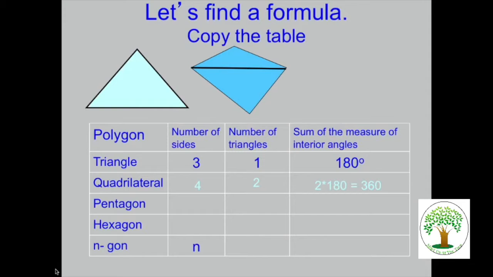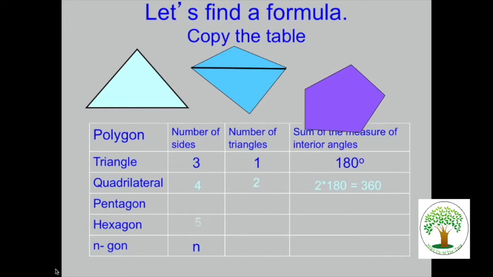Yes, because what we're going to try to do is, what if I had a 75-gon? What would they all add up to? What if I had not a hexagon, but an octagon? I don't want you to have to count, and I don't want you to have to draw the picture and figure out how many triangles there are. I want you to just know what the formula is. So right now, a quadrilateral has 4 sides. That means there's 2 triangles. That means it's 2 times 180.